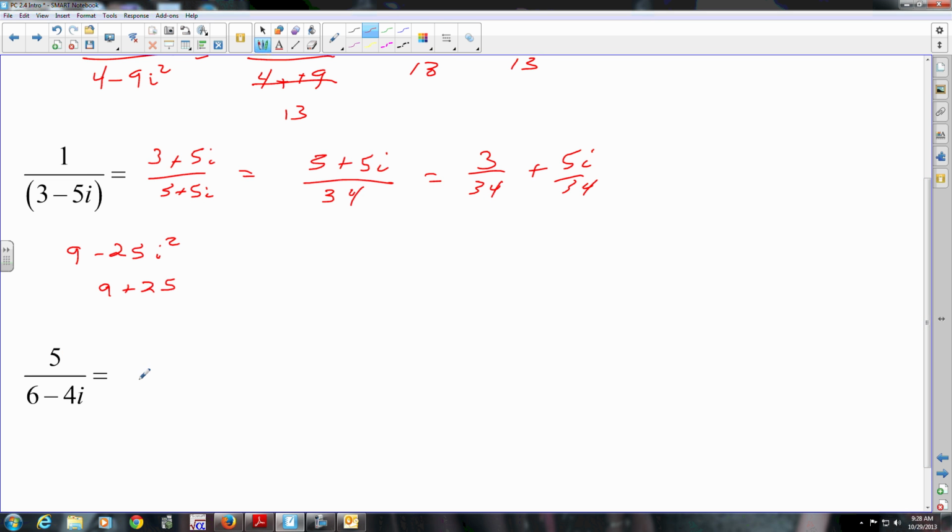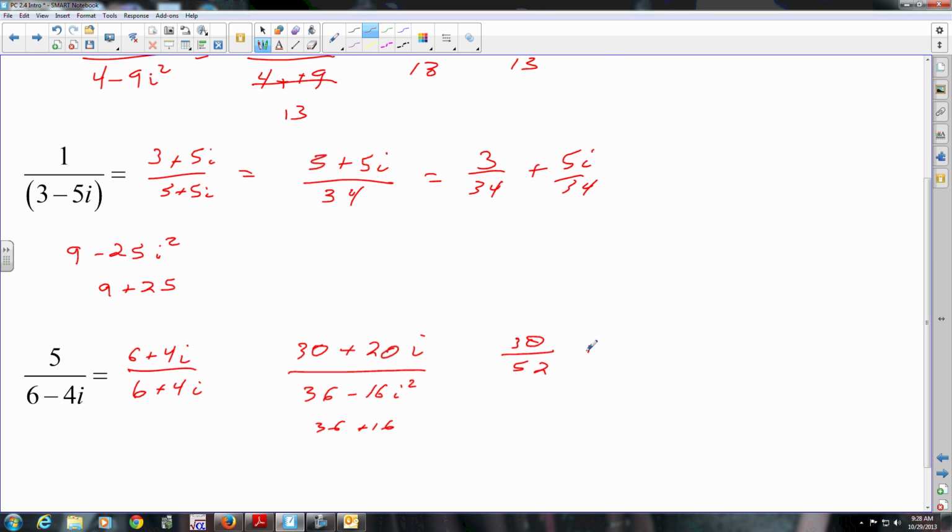When there's a number other than 1 on the top, no big deal. The conjugate is still the conjugate. The conjugate is unaffected by whatever's on top. The 5 is going to distribute through, so it'd be 30 plus 20i over 36 minus 16i squared, so that would be 36 plus 16, so it's 52, so 52 is the denominator, 30 over 52 plus 20i over 52.